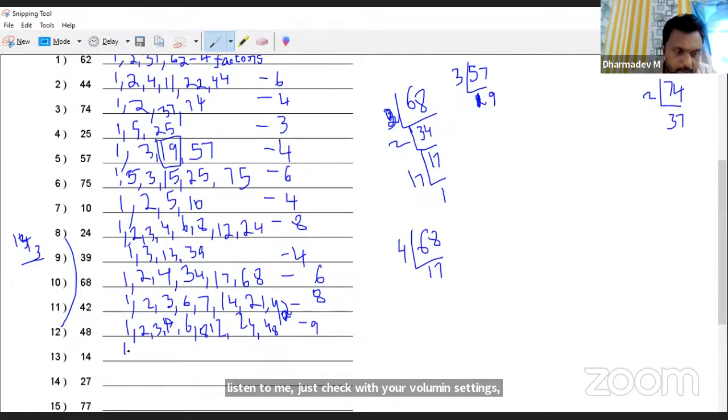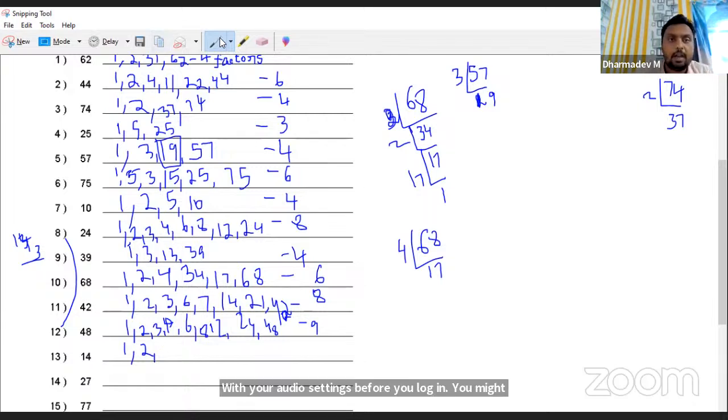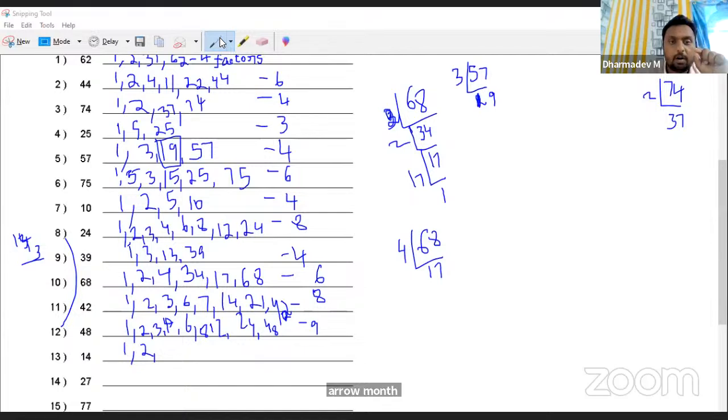Try to re-log in, Daniel, so that might solve your problem, or check your audio device and audio settings. Before you log in, you might have a testing option. Or if you check the mic on the right side, you would have an arrow mark. You can click there and test your speaker and microphone. That might resolve your problem.